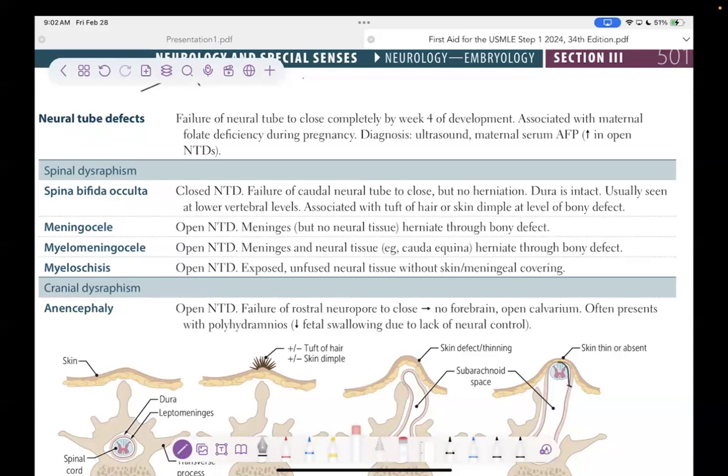Whenever we say neural tube defect, that means that when this neural tube is made, there can be some defects. Why are there defects in the tube? Because at the beginning of development, in the early stages, if we look from the upper part of the brain downward at the tube, it is made like this.